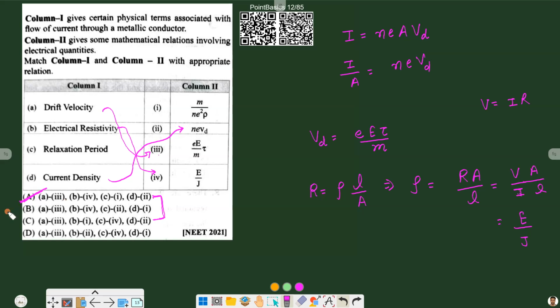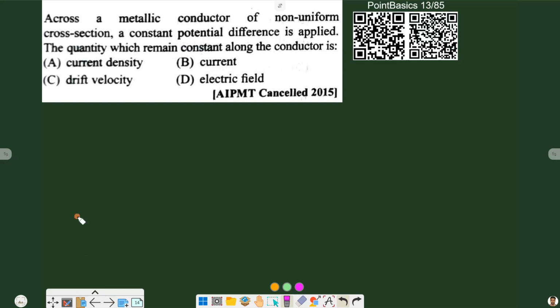Now moving to the next one. Across a metallic conductor of non-uniform cross-sectional area, a constant potential difference is applied. Which quantity remains constant along the conductor? So let's discuss all the variables individually.